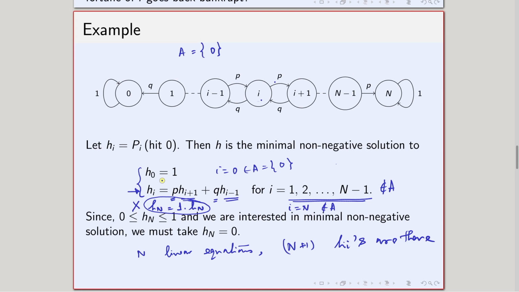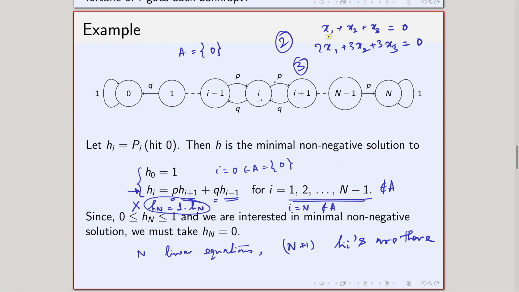Normally when we solve a set of linear equations, if we have more variables than the number of equations, we take some of them as free variables. Like if I want to solve x1 plus x2 plus x3 equals 0, and 2x1 plus 3x2 plus 3x3 equals 0, we have 2 linear equations and 3 variables.